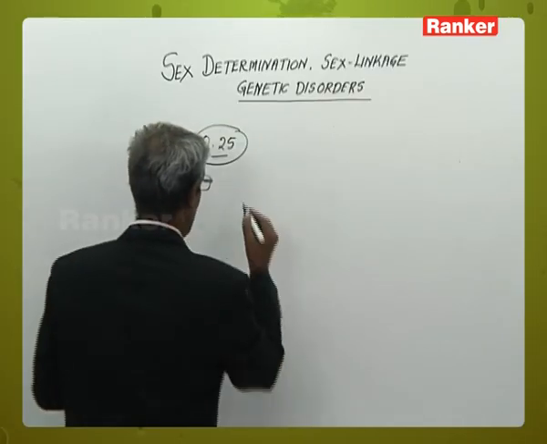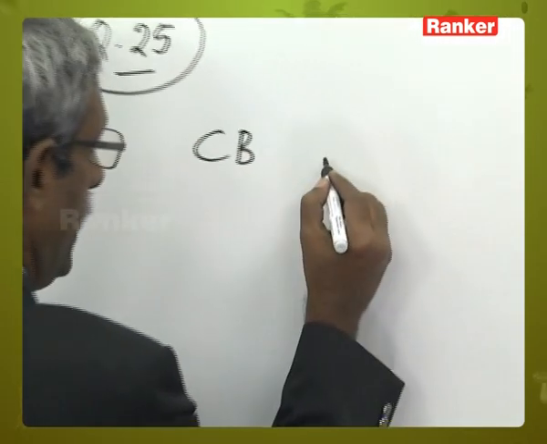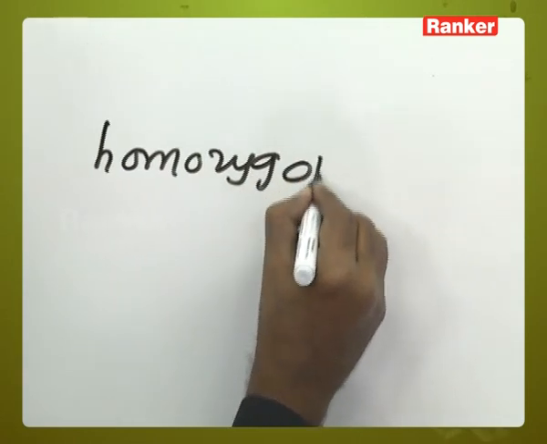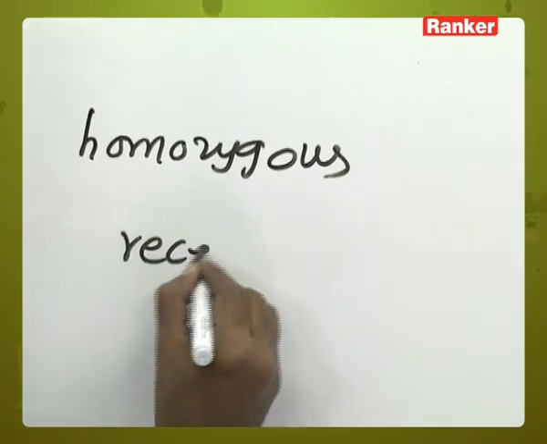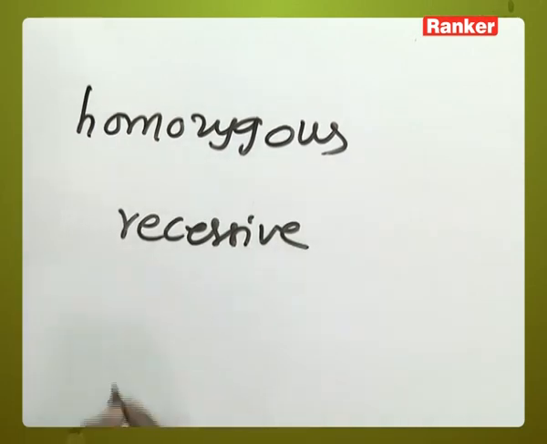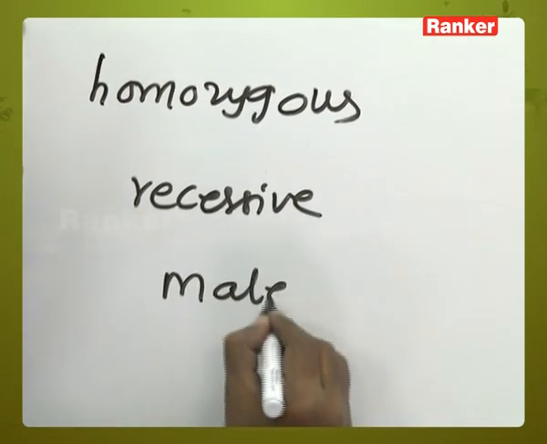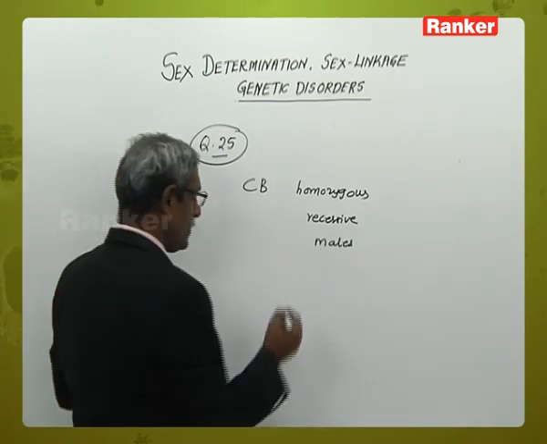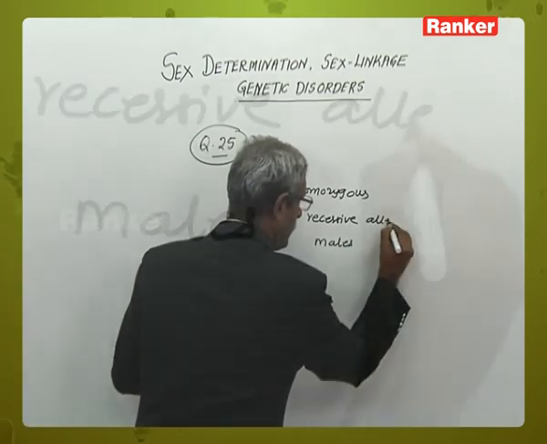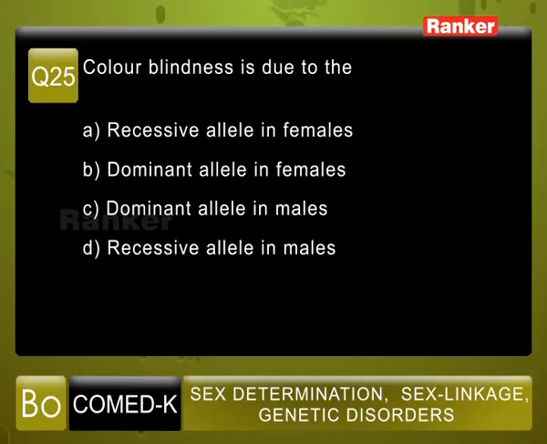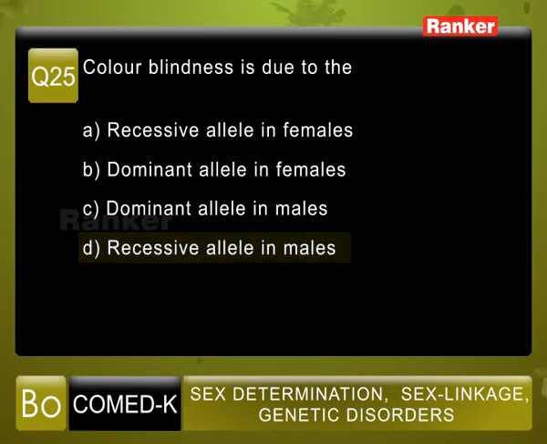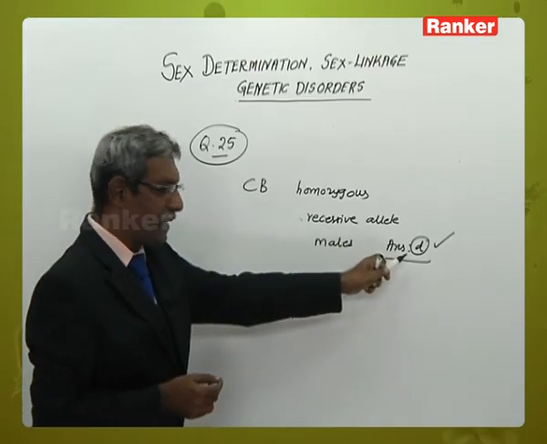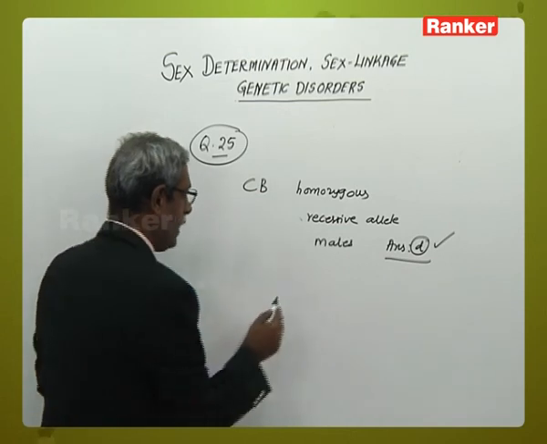As implied, color blindness is always due to a homozygous condition, because of recessive genes, and it is present in the males. Hence, because of the presence of a recessive allele, the correct answer is D. So color blindness is a recessive gene, and the correct answer is D. It is a recessive allele in the males.